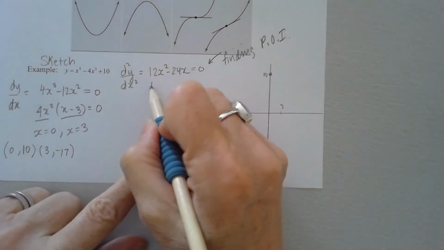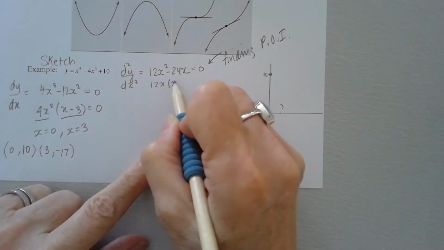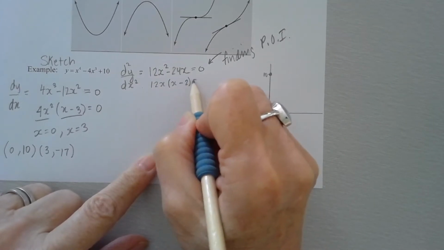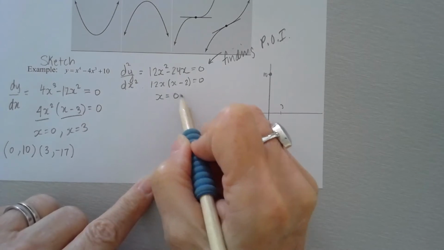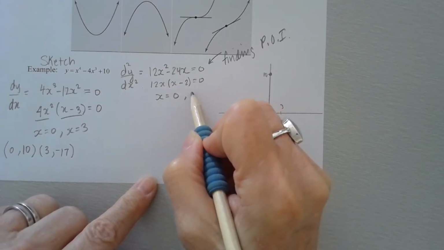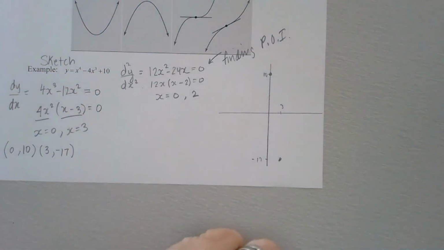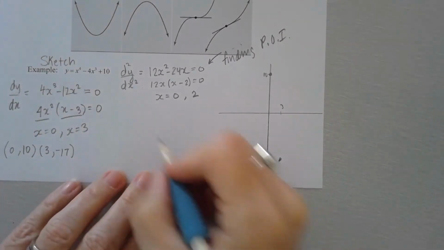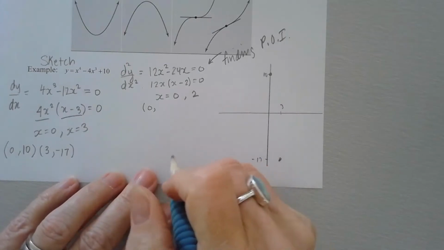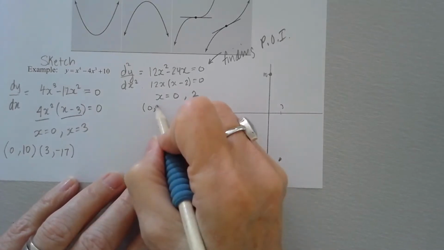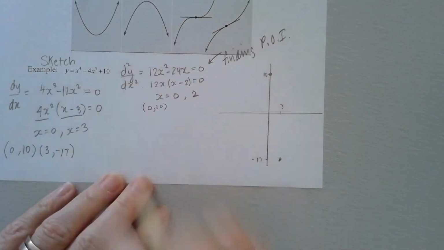So I'll go 12x squared minus 24x equals 0, and that gives me x equals 0 and x equals 2. So I think there's a point of inflection at x equals 0 and x equals 2. Don't know, but I think so. And then I can put those back into the original, and I can say, okay, the possible points of inflection are 0, 10, because I just put 0 in there and got 10.